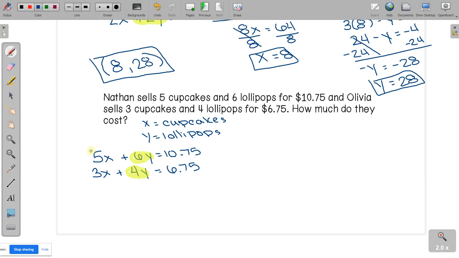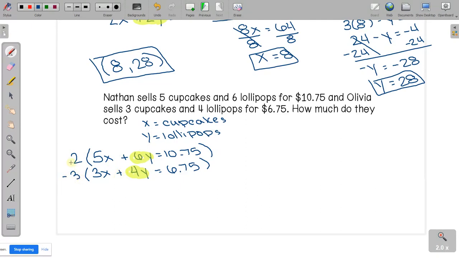So we're going to take the top equation and multiply it by 2. 2 times 6 gives us 12. And then the bottom equation, 4 times what gives you 12? That would be 3. Now look, do we have opposite signs? This is positive and this is positive. It's not, so we're going to multiply the bottom by a negative.